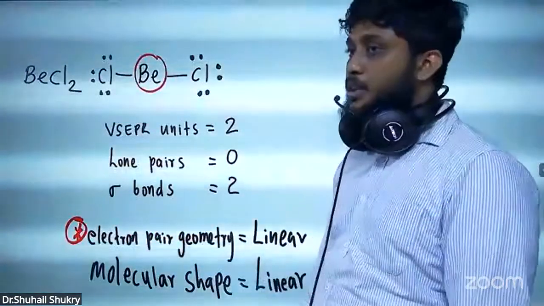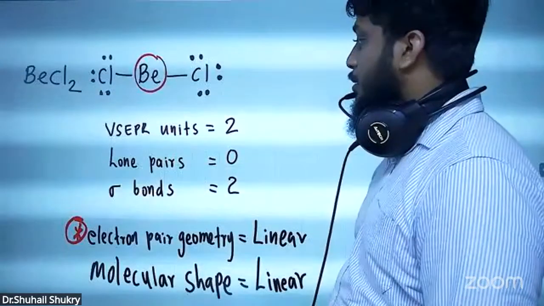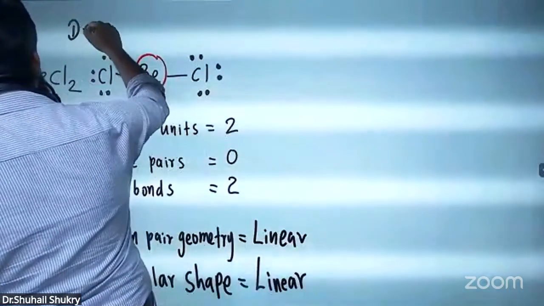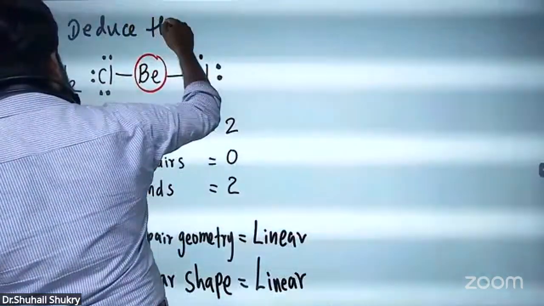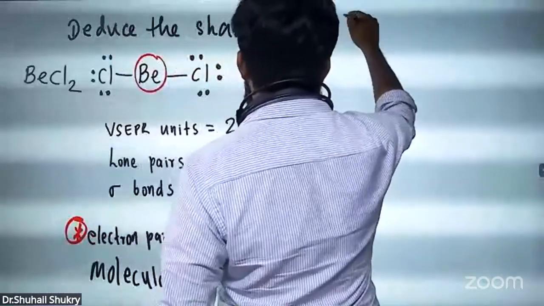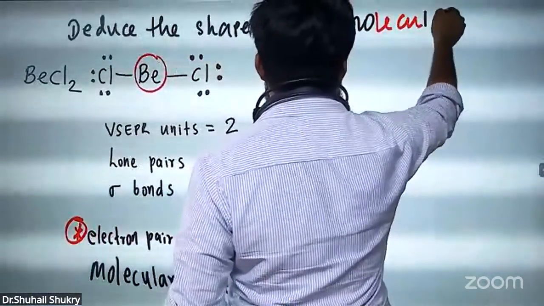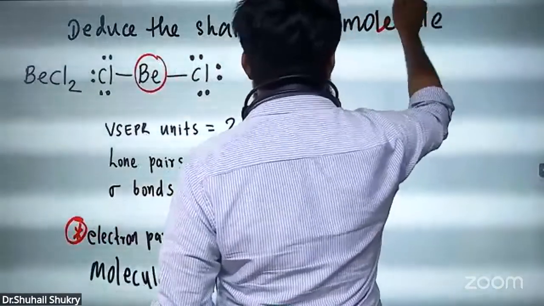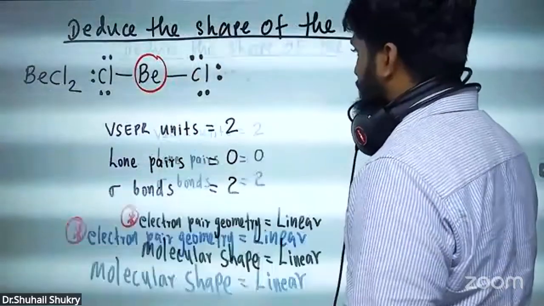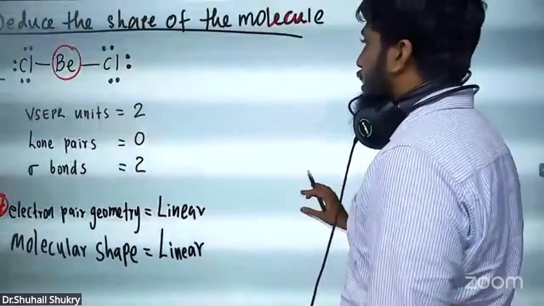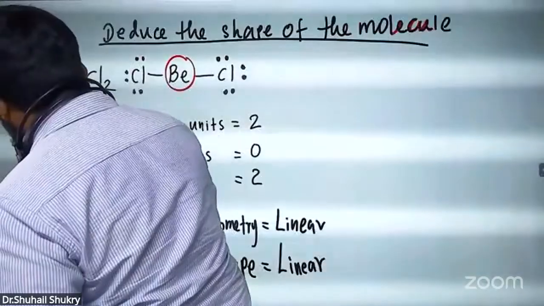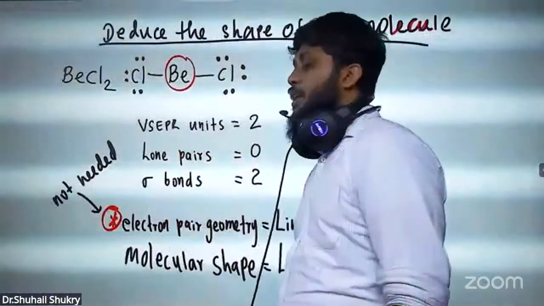In the exam they will say, deduce the shape of the molecule. This is beryllium chloride. I'll give one more. In that one, this unit is not needed. This step is not needed, but the other steps you should write like this.